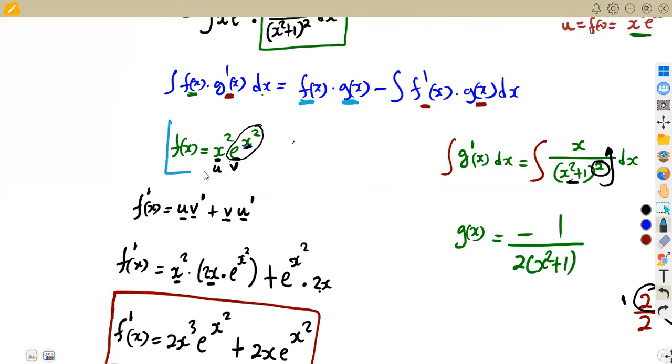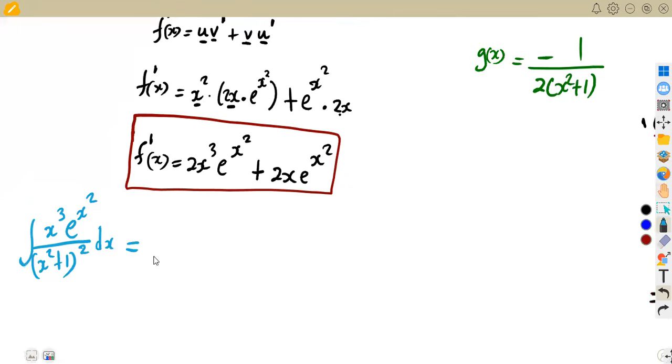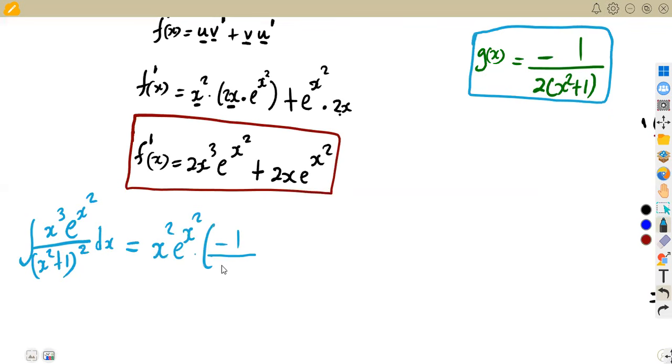Our f of x here is x squared e to the exponent of x squared. So we are going to have x squared e to the exponent of x squared times g of x. g of x is the one that we calculated here. Remember our g of x, we have it here, which is negative 1. So we are going to multiply negative 1 over 2 into x squared plus 1 like this.